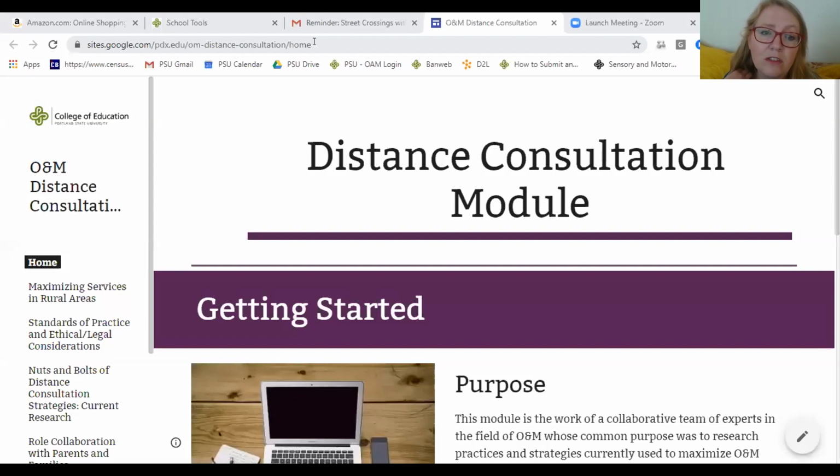We put this module together before COVID-19, because distance consultation is needed. It's a part of equity, for people who live in rural and remote communities, or people who live in rural Alaska or in the Pacific Rim who do not have regular access to orientation and mobility instruction.